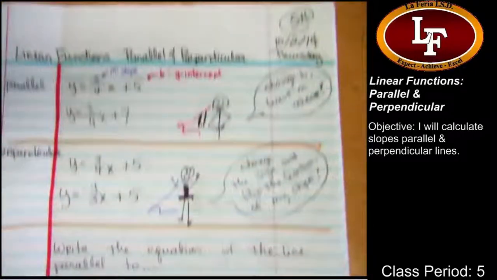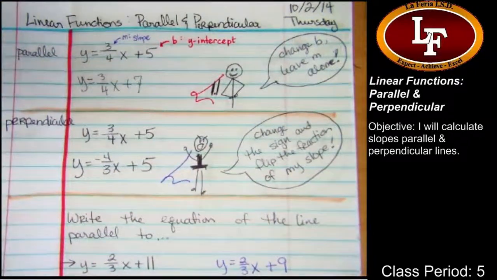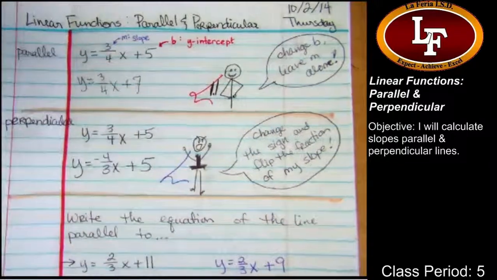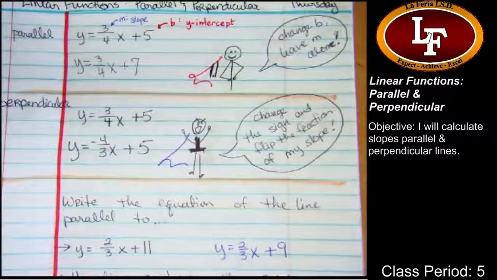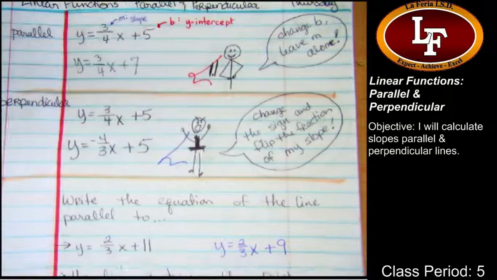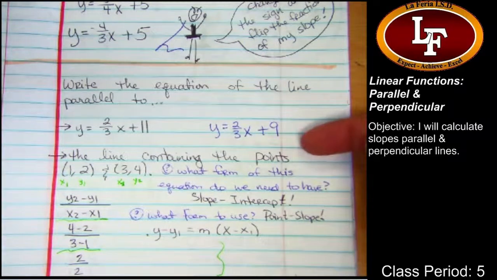We talked with Parallel Man, and he said, leave him alone. And then we talked to Perpendicular Man, who was very bossy, and he said, change the sign and flip the fraction. I remember that his supersuit is the symbol for perpendicular. Then we started writing the equation of the line that's parallel to some other stuff. We were given a normal equation of a line in slope-intercept form.